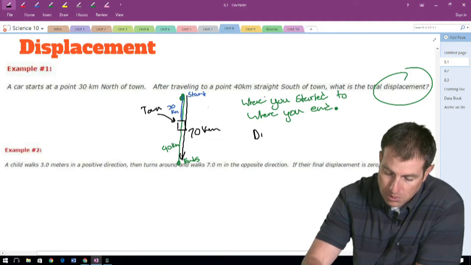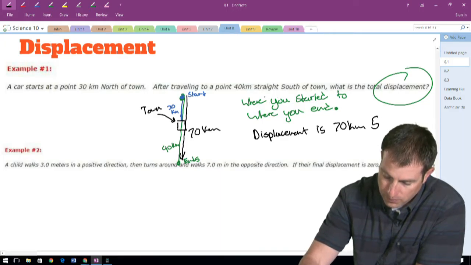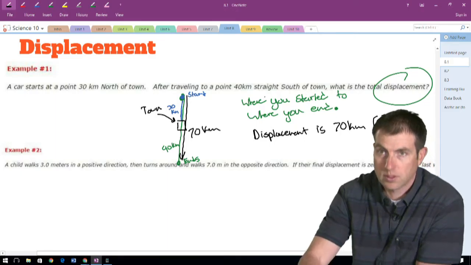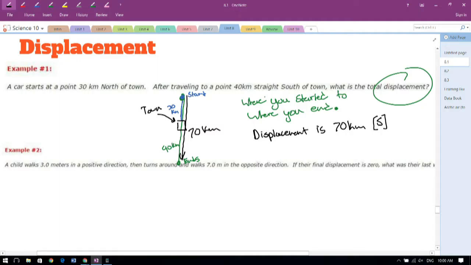So the displacement is 70 kilometers south. So again, it's just kind of semantics, trying to get the definitions of these words down.